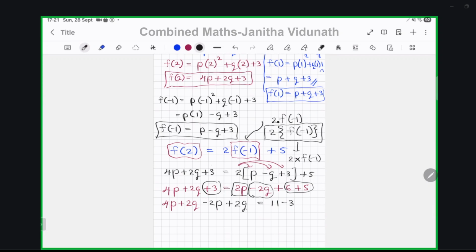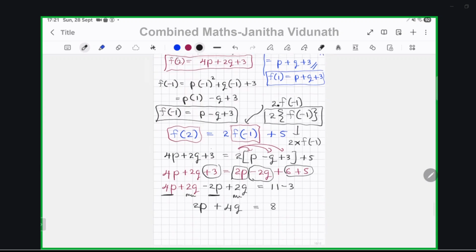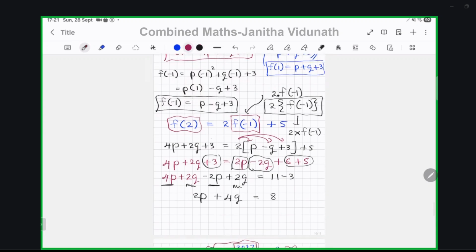Then we simplify 4p and minus 2p, which gives 2p, and plus 2q and plus 2q gives plus 4q, equal to 11 minus 3 is 8. Now we can simplify further by dividing both sides by 2.